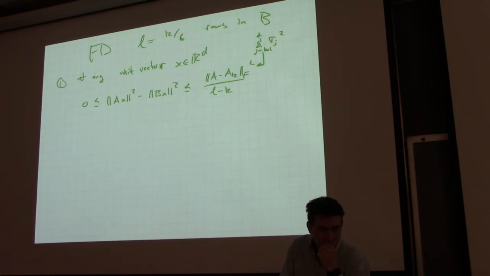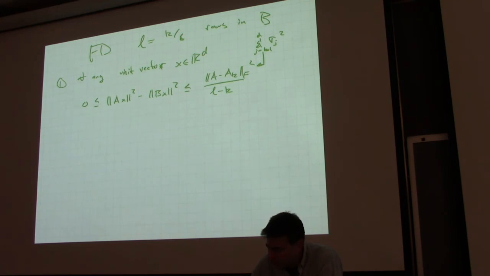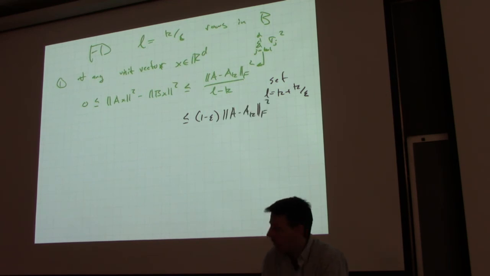So in particular, if you now set L equals k plus k over epsilon, then this becomes less than 1 minus epsilon, so I can get a relative error.